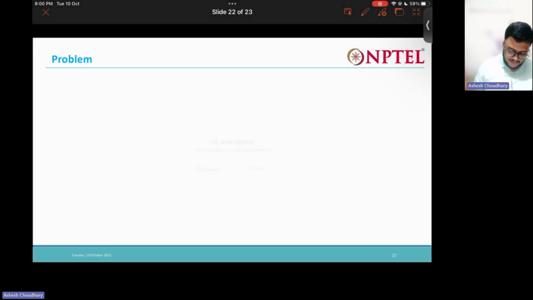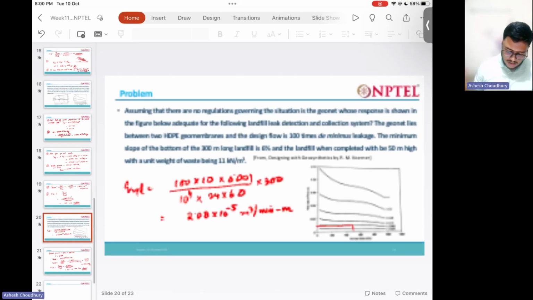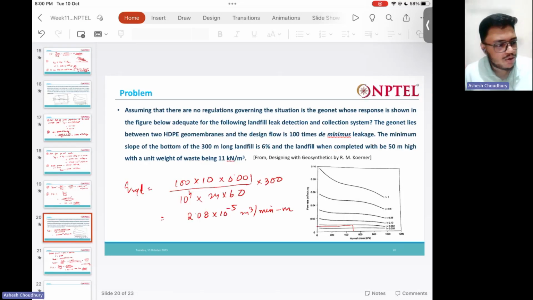Okay. All right, so this was all. Not many problems are there. They are very simple also, right? Just find out the Q and then determine the factor of safety. Very simple and normal also. Nothing exceptional here.